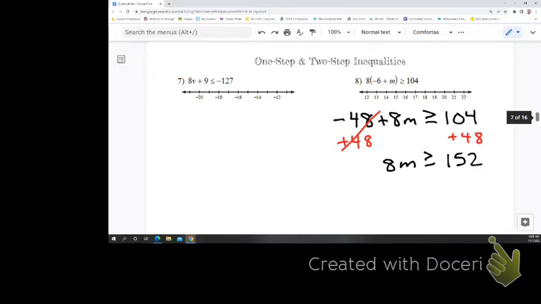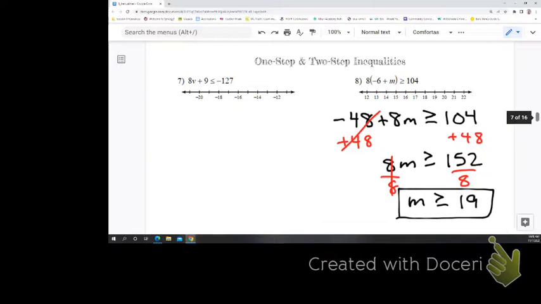And then divide by 8. I did not divide by a negative, so I have no reason to change my sign. I just keep my same sign.